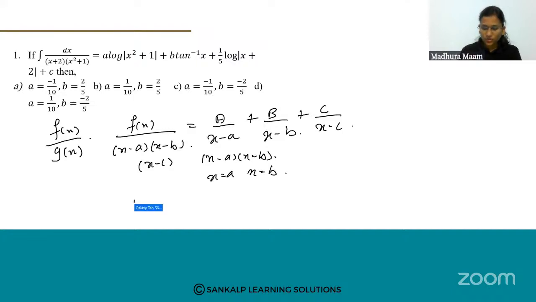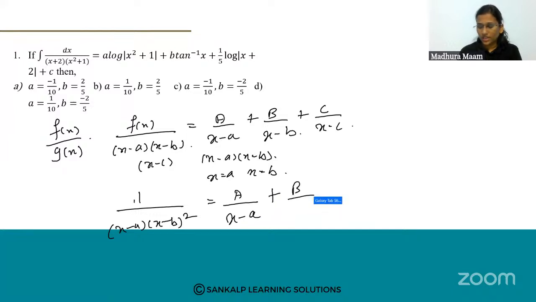Now suppose you have a repeated root. For example, x minus a is there, x minus b whole square is there. How do you write this? You write one root as usual, x minus a. The repeated root you have to split like this.